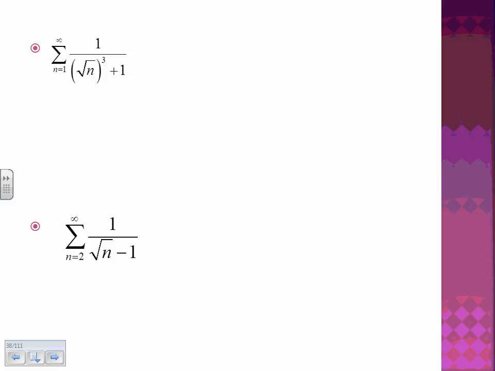You guys try this next one in your group. Oh, sorry. Are they flip-flopped? Okay. So do the radical n cubed plus 1. Try that one. Talk about it in your group.